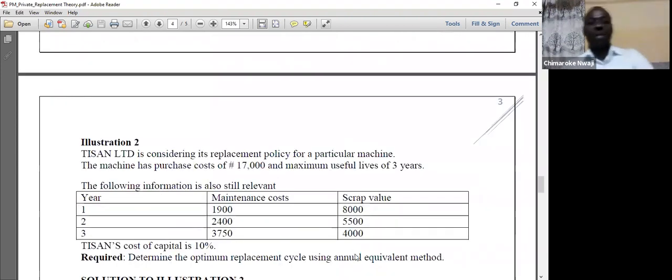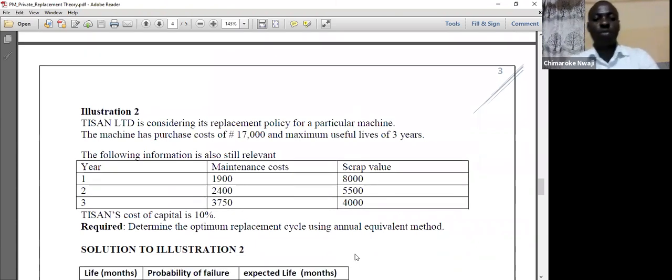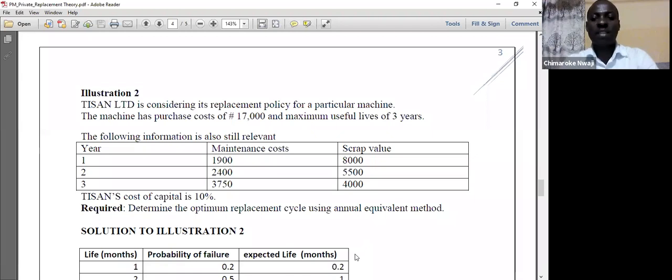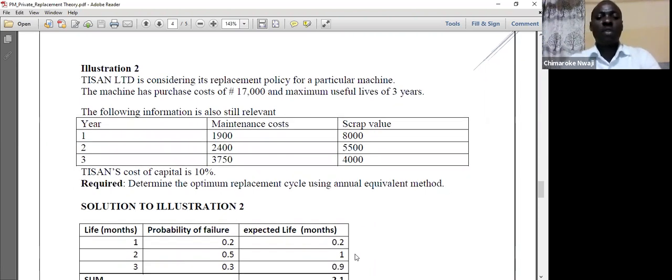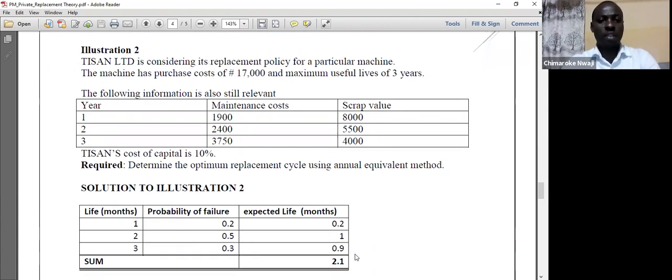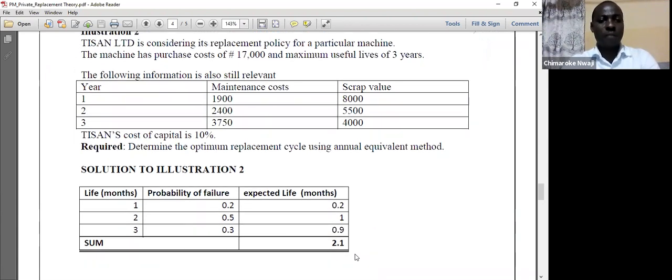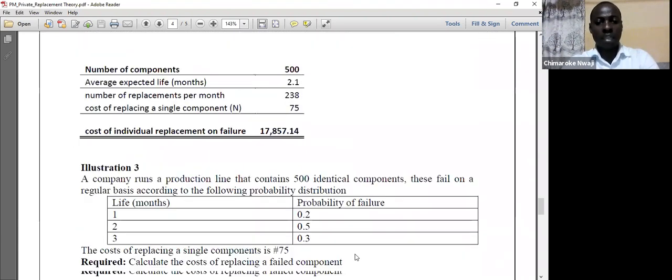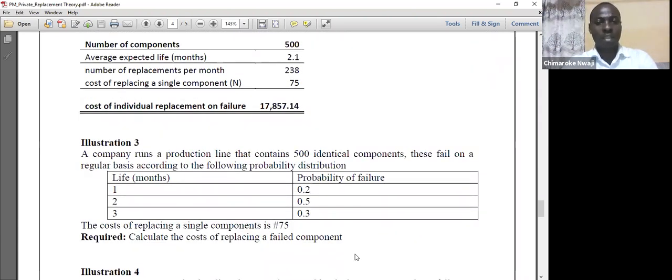Then I gave you illustration 2 as an assignment, which I am yet to get the answer from you. I believe I will get some of your answers. Now, our focus today is illustration 3.